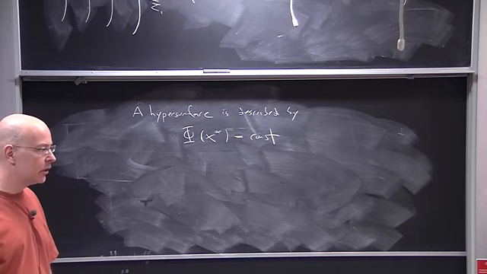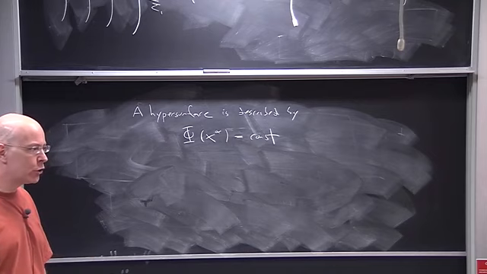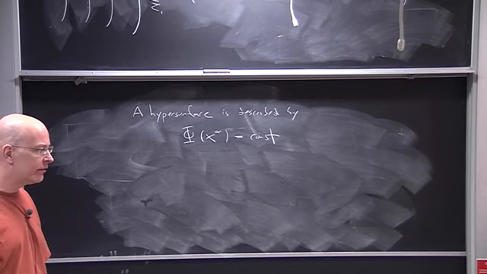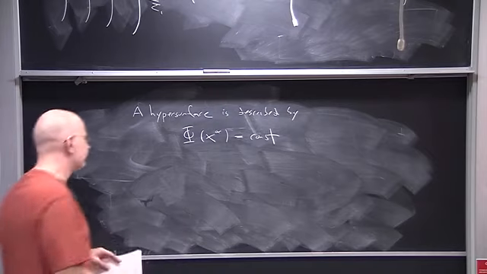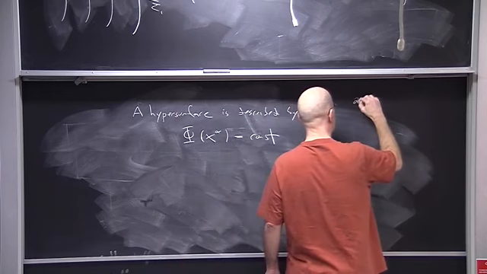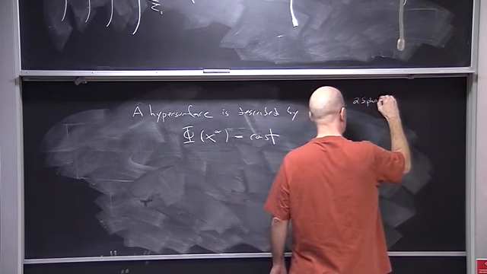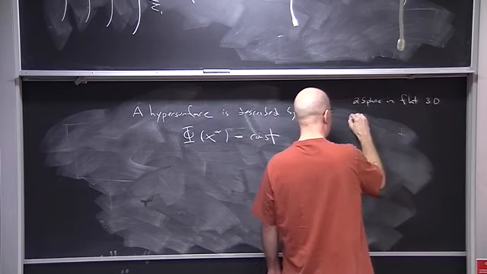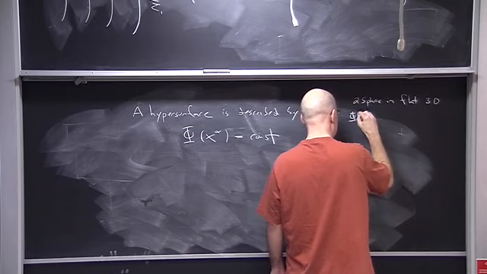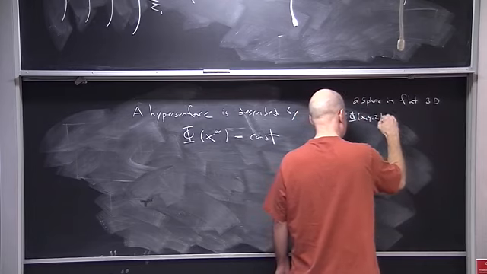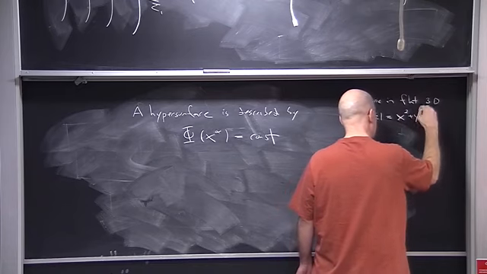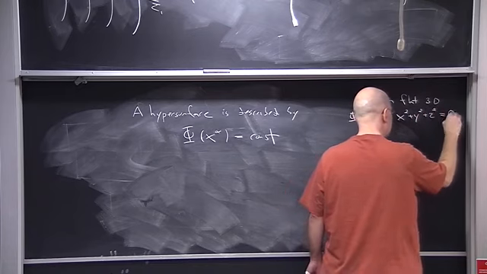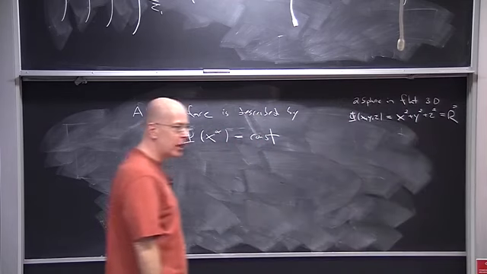So, as a quick example of this, if I'm talking about a two-dimensional surface in three-dimensional space, and if I take that surface to be a two-sphere in flat 3D, the kind of conditions I would put would be to say, for example, that my function phi would be x squared plus y squared plus z squared, and that would be equal to some constant r squared. That's the sort of thing I'm talking about.